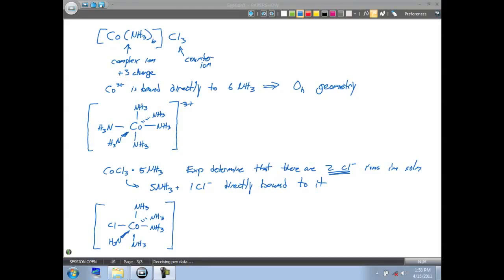And this isn't going to be a 3+ complex ion anymore. It's going to have a 2+ charge because there are 2 Cl minus ions that are the counter ion. In terms of the colors of these particular complexes, this one up here is orange, and this one down here is like a purple color.